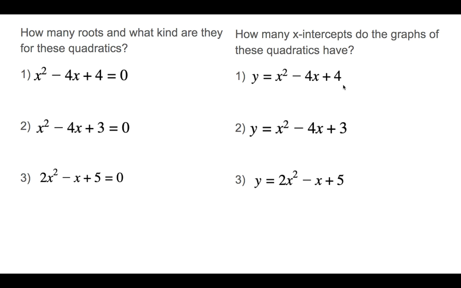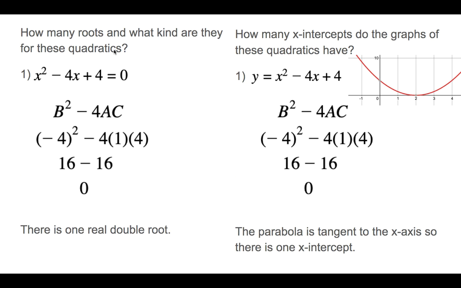But the discriminant should help us answer both of these questions, depending upon whether the discriminant ends up being positive, negative, or 0. So go ahead and try to answer number 1 first on your own, and see what you get, and then we'll move on to the other ones.